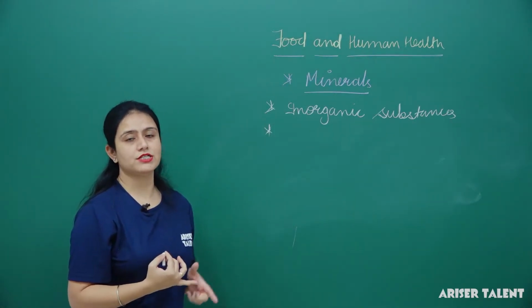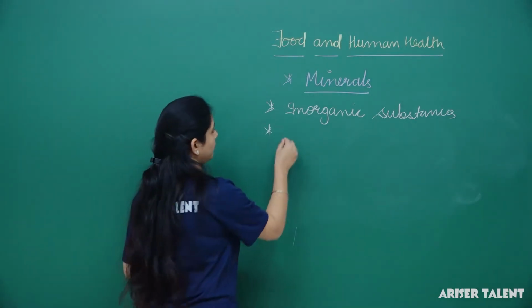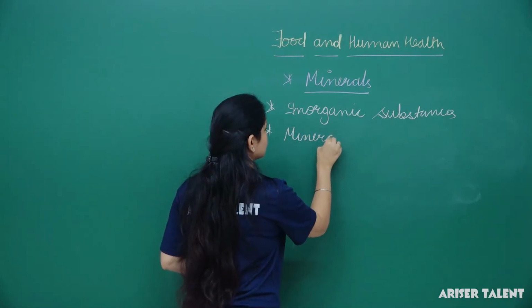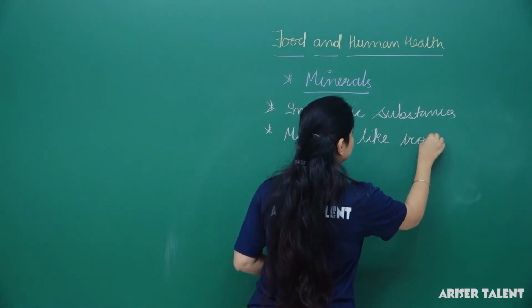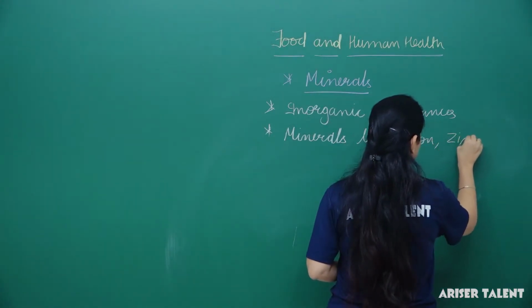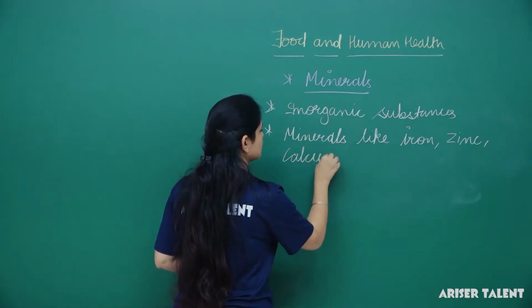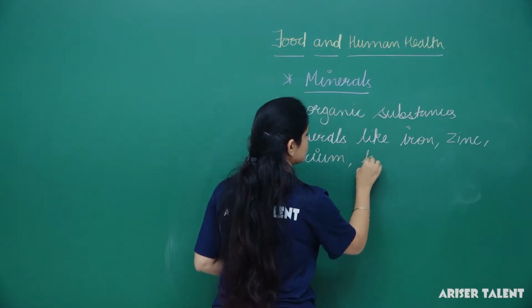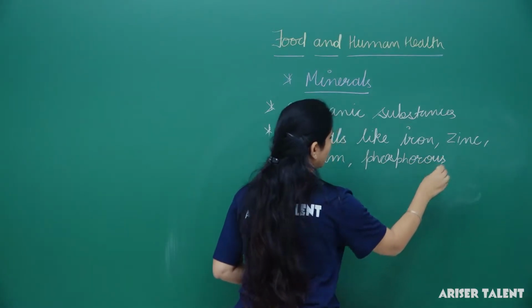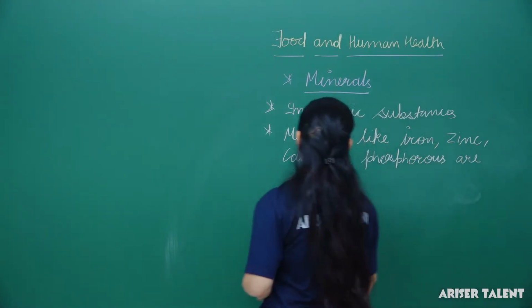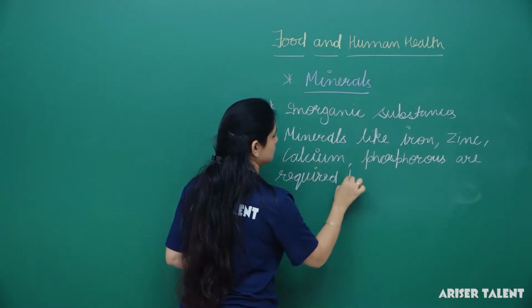Iron, iodine, calcium, phosphorus, these are required by our body. Minerals like iron, zinc, calcium, phosphorus are required by our body.